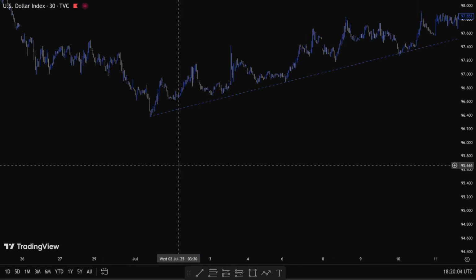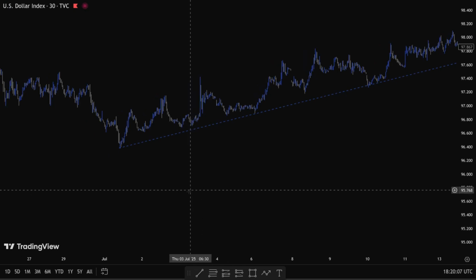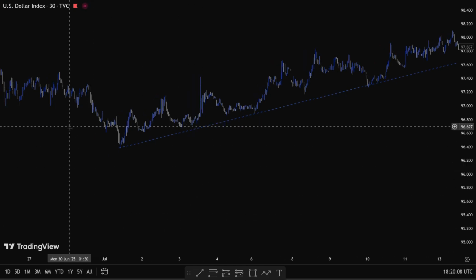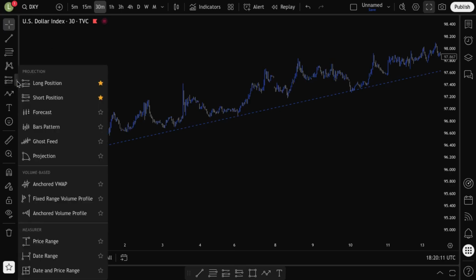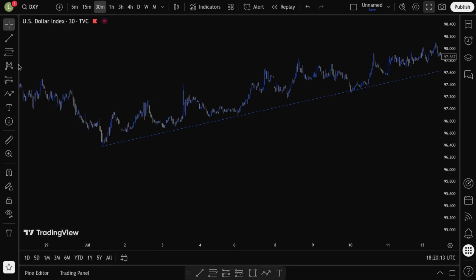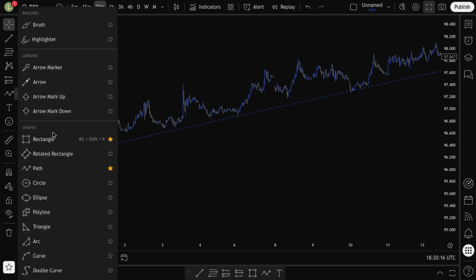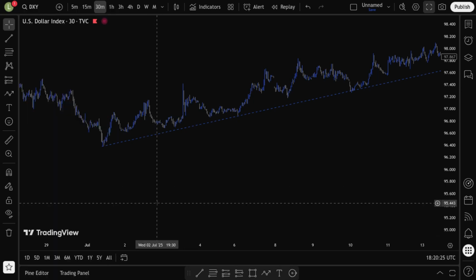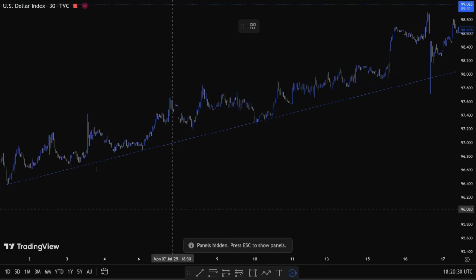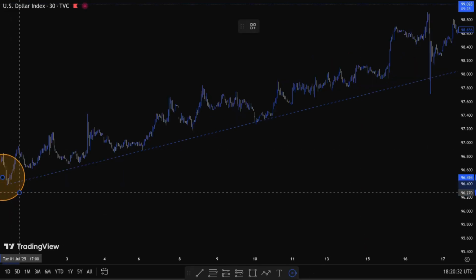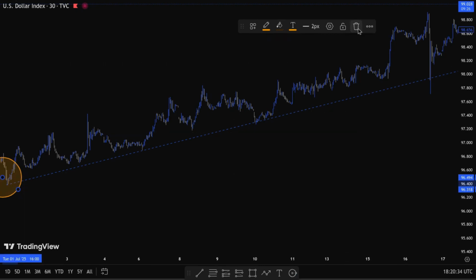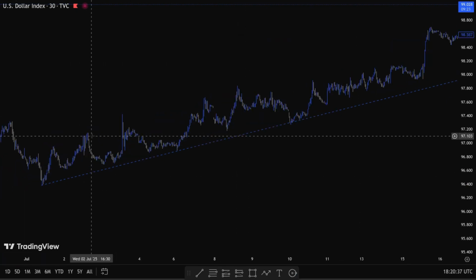Okay, so now I think I need to add a tool to my favorite list. I need a rectangle. I'll go to circle. Okay, so I'm done with that. Why do I need a circle? So I can easily identify this. Sorry, just give me a little time.